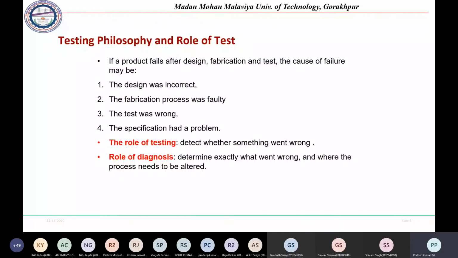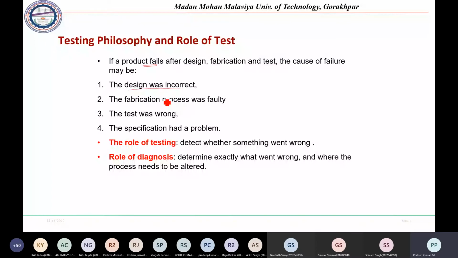Testing philosophy and the role of test. So what is the role of a test? If a product fails after design, what could be the cause of that failure? That failure may be because the design is incorrect, or the fabrication process that we followed was faulty.